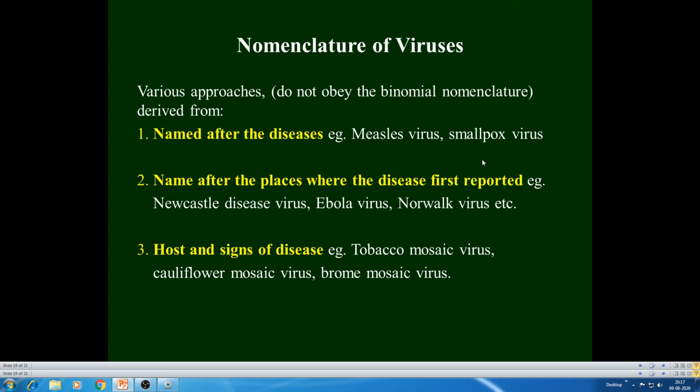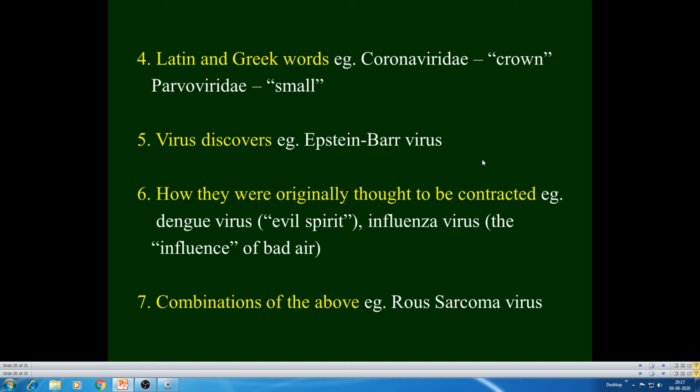That is why it is called cauliflower mosaic virus. Brome mosaic virus. See, then according to languages, Latin and Greek words are used for viruses. Coronaviridae means crown. Then Latin and Greek words. Then Parvoviridae means small viruses.